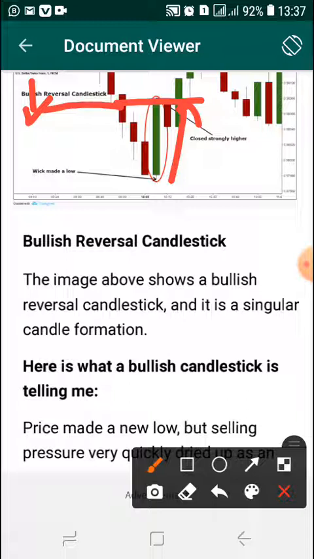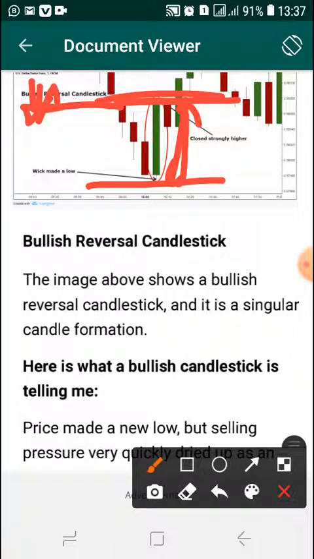You might find that the sellers couldn't push the market further down because they were at the support level, so the buyers came in and pushed the market up. And then the sellers saw that the market is at a resistance, because previously it was a support, so it was broken, and now it is a resistance.